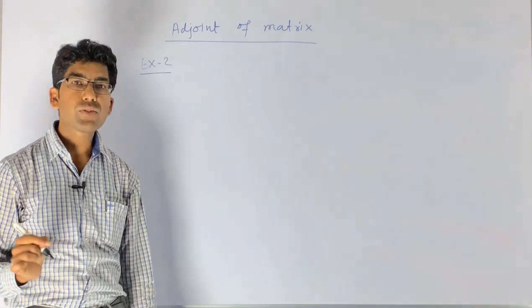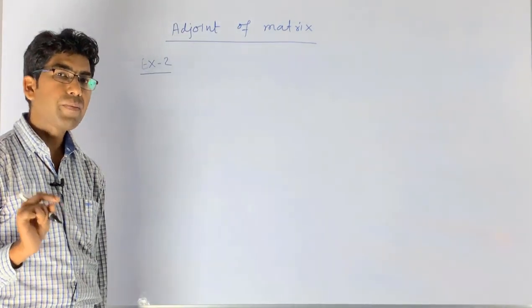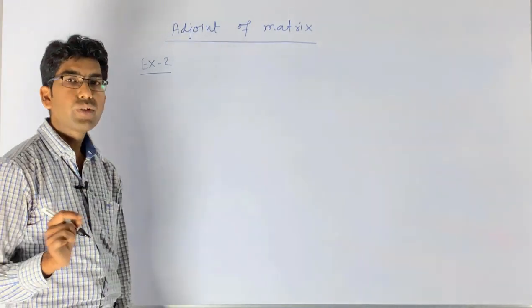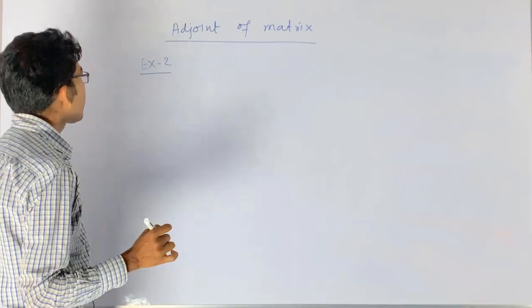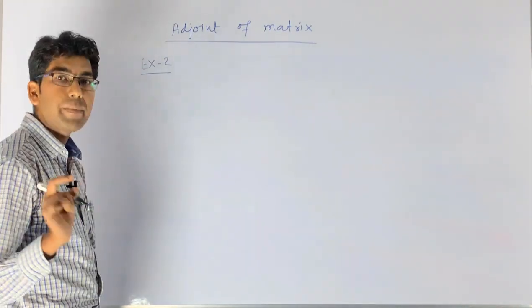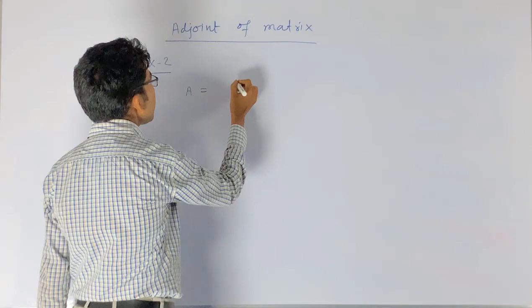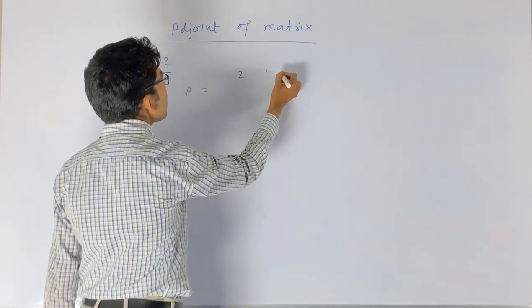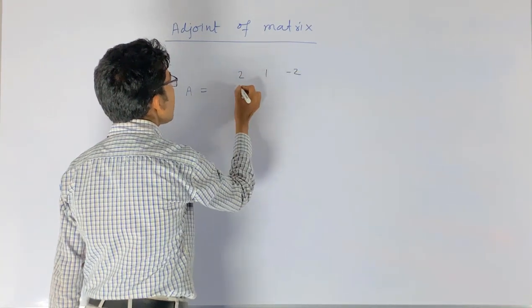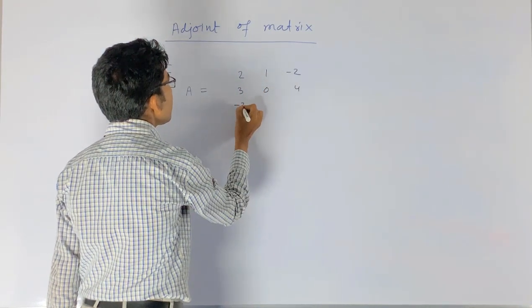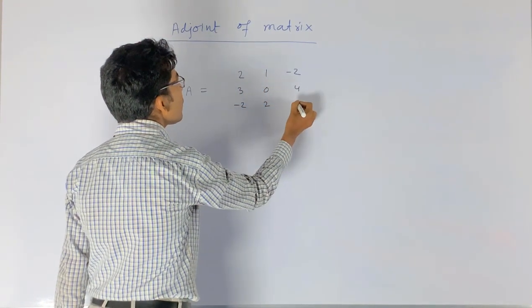Now I am going to take an example of a matrix of order 3 cross 3, so that you can understand the concept in a better manner. Let us take an example. Matrix A equal to 2, 1, minus 2, 3, 0, 4, minus 2, 2, 1.